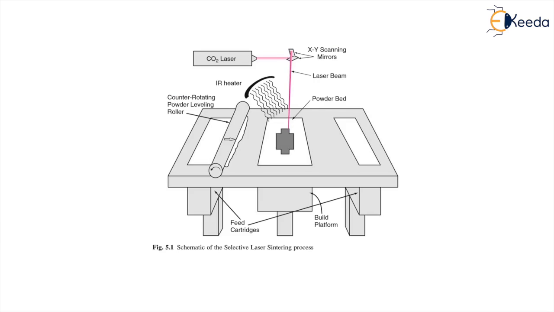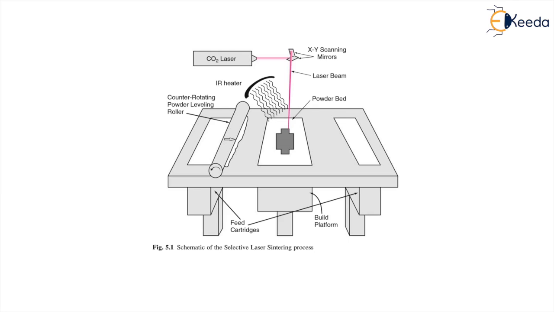See here the diagram. This is the schematic of the SLS process. This is the build platform which is filled with nitrogen, and these are the feed cartridges which have the powder we are going to use. This is the powder leveling roller, and this is the CO2 laser we are using here.